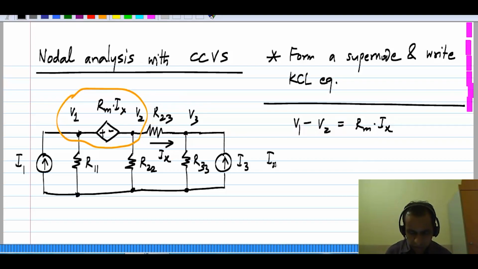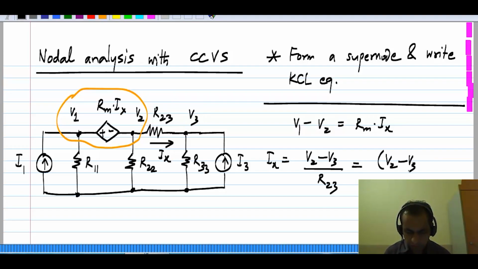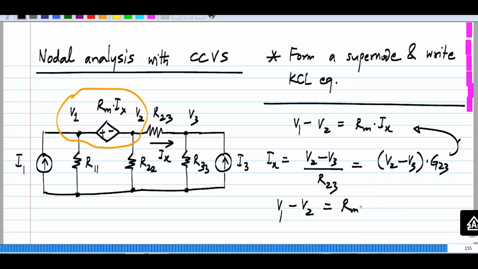We know that Ix is V2 minus V3 divided by R23, which of course is the same as V2 minus V3 times G23. Okay. So I will put that in that equation and write V1 minus V2 to be Rm times G23 times V2 minus V3.